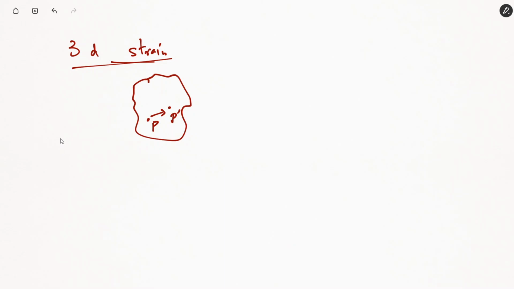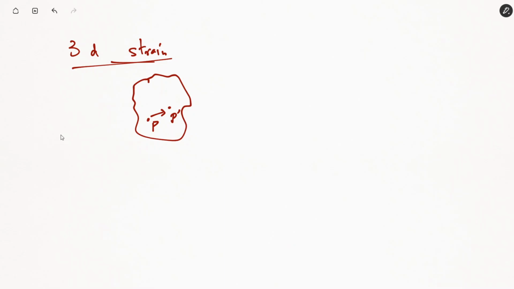So our rosette measures strains in different directions. In order to understand that, we first need to understand three-dimensional strain. We are assuming a 3D body, and on this body we are assuming a point P. On deformation, this point P will get shifted to P dash. Now we need to understand the strain on this body. There is no fixed direction for us to measure the strain at this particular point.